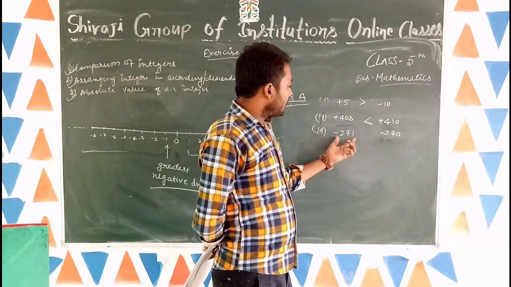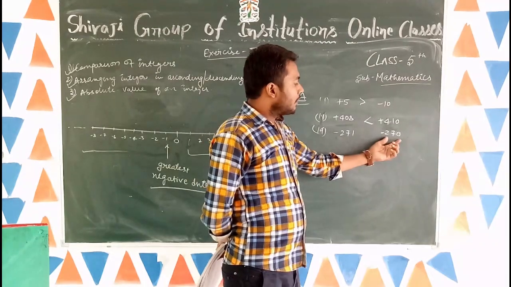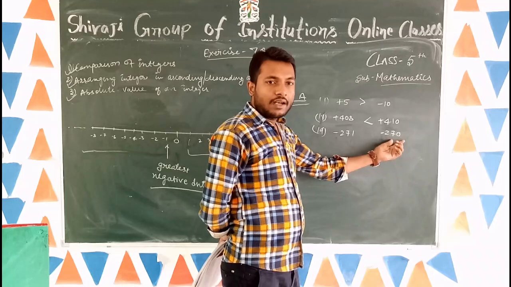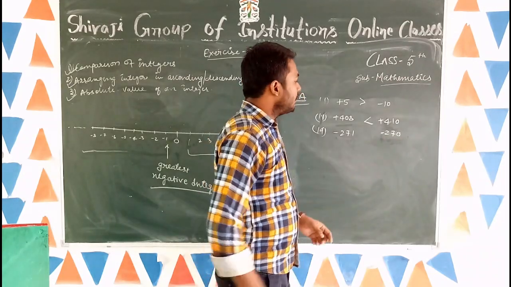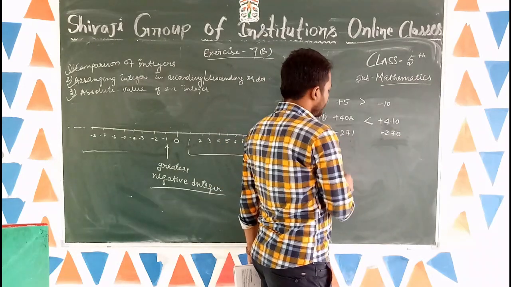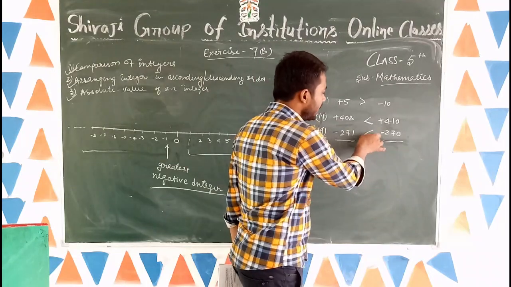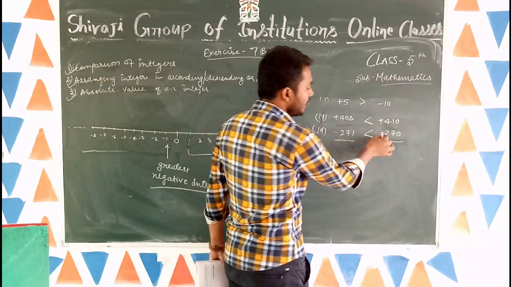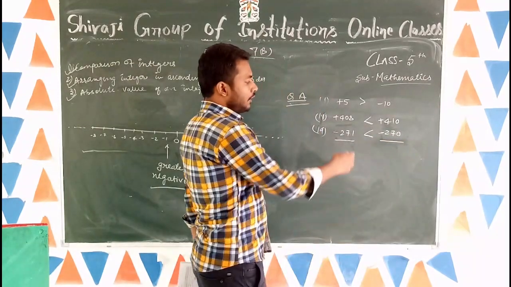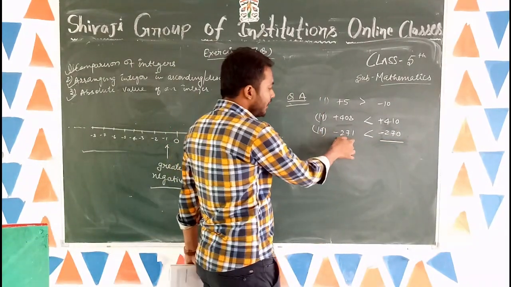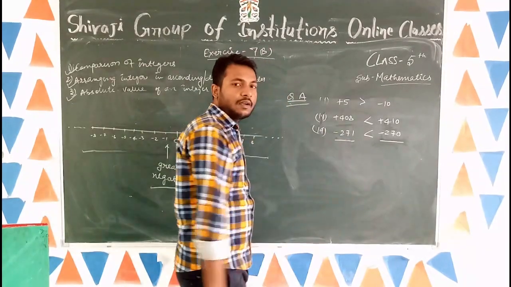In the case of minus numbers, or mirror numbers, the number which has greater numerical value but has a minus sign before it will be smaller. So here, between -271 and -270, -270 will be greater because with the minus symbol it has lower numerical value, while -271 has greater numerical value, so it will be smaller. Here the case is just opposite.